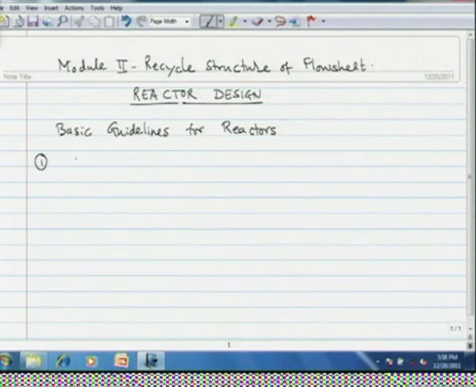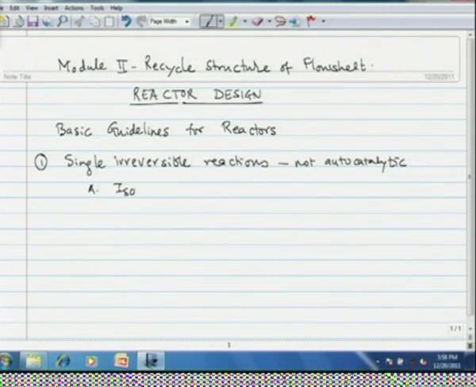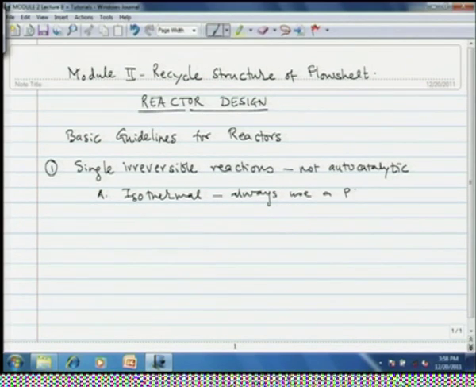In the simplest case, where you have single irreversible reactions, which are not autocatalytic, if the reaction is isothermal with not much heat liberated or absorbed, you can always use a plug flow reactor, PFR.